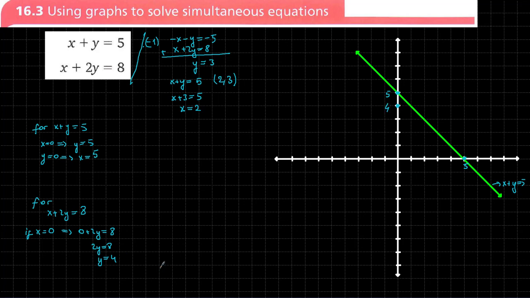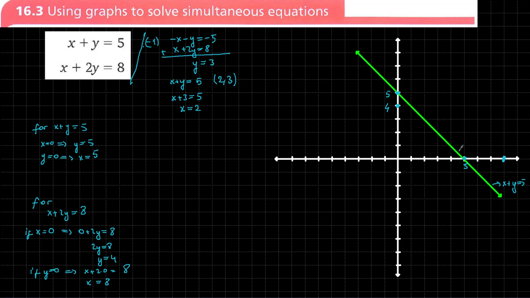The second line is going to pass through the y is equal to 4 point. And here, if y is equal to 0, it means that x plus 2 times 0 is equal to 8. It's going to be x is equal to 8 for the second line, and it's going to pass through this point, and I'm going to draw the line with respect to that one.